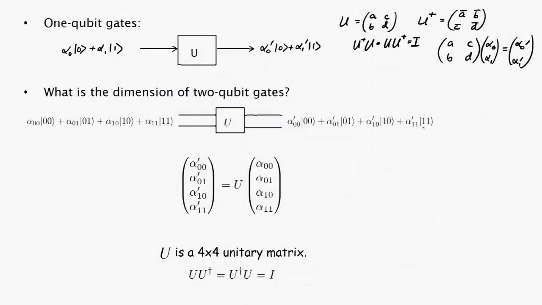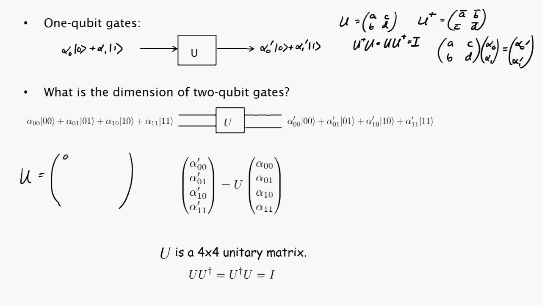The output is a similar superposition, but with different amplitudes, alpha 00 prime through alpha 11 prime. So what should this unitary transformation look like? Well, it's now a 4-dimensional space. So what U must look like is a 4 by 4 matrix with complex entries.